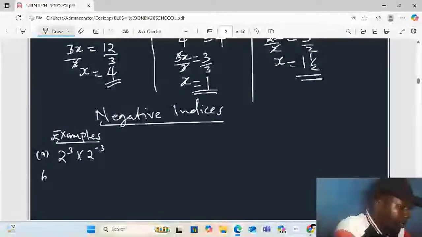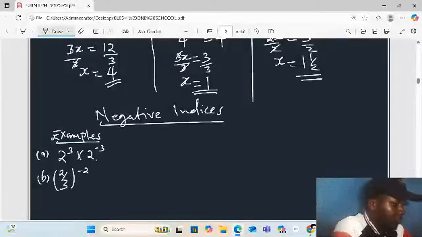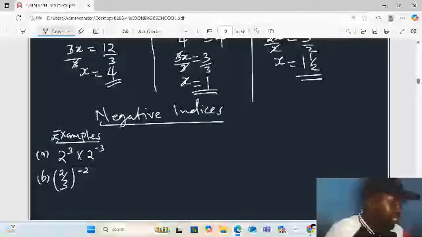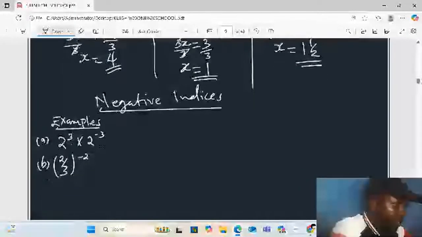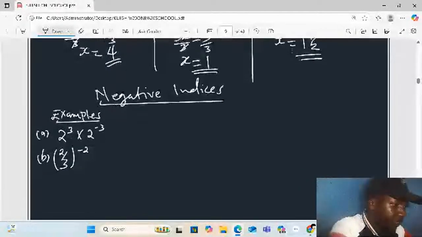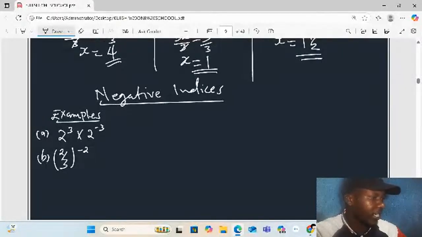Then b, we have 2 over 3, then we raise to negative 2. Yeah, that one is enough for us to grasp the content of negative indices.